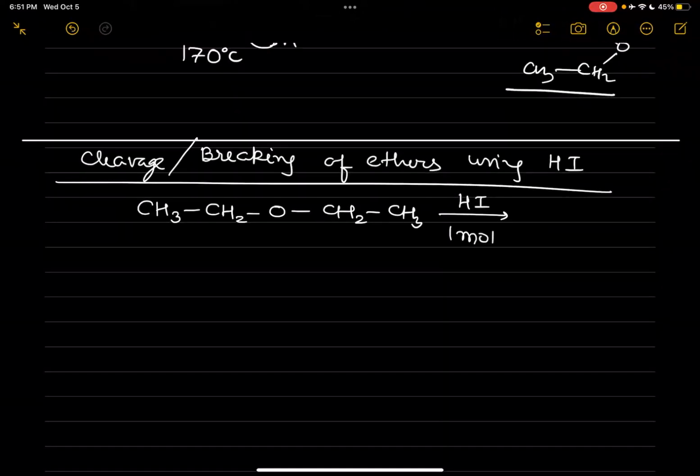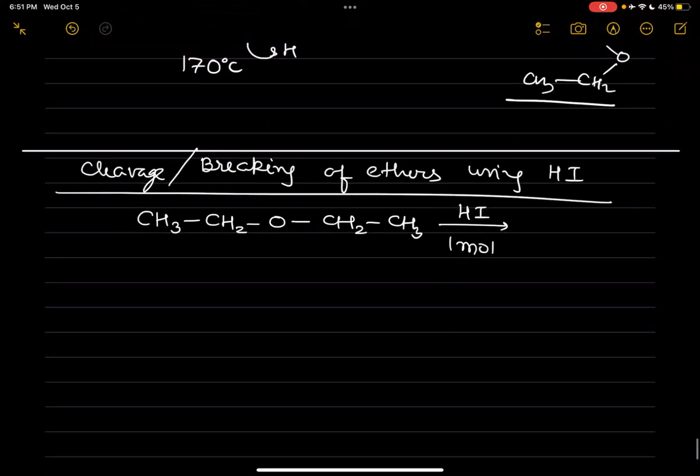It is because HI is a very strong acid. So is it because it protonates the ether oxygen? Yeah, that is the actual reason. So you require acidic medium first of all, because basic medium is not going to do anything to ethers.